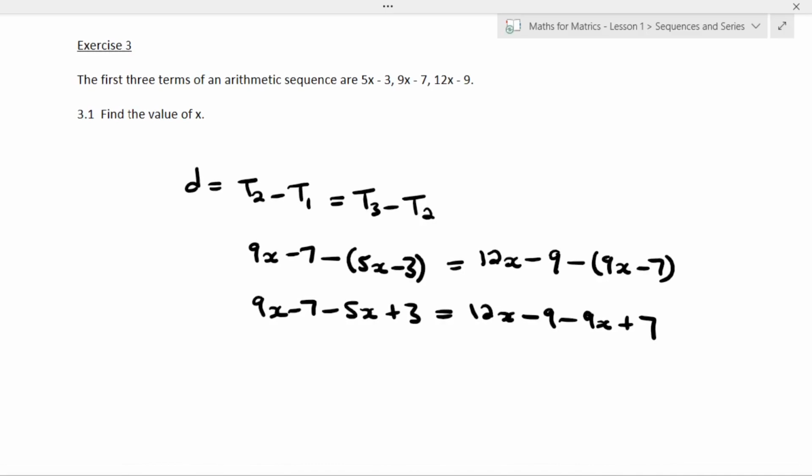And now we can look at the like terms. Let's group the terms that have variables on one side and terms that don't have variables on the other by moving them over the equal sign and changing their signs. But remember, they don't just magically change their signs. If a term is positive, you subtract the same term from both sides of the equation, and if it is negative, you add the same term to both sides of the equation.